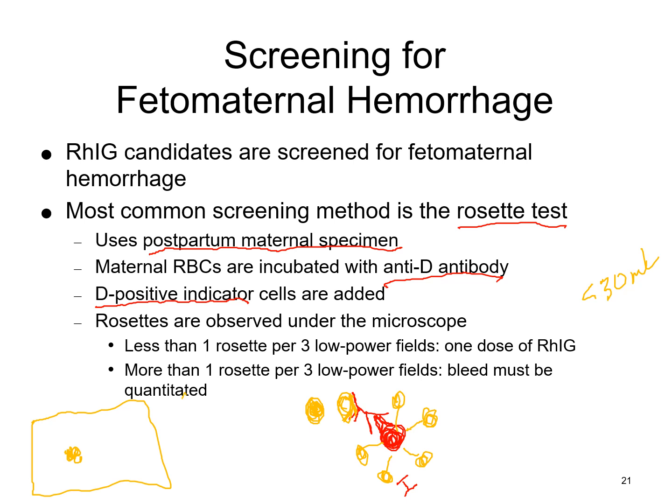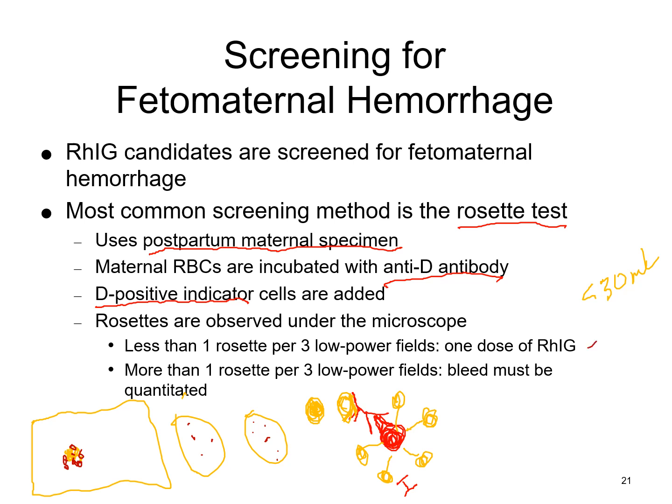So if you've looked in 3 fields, and in those 3 fields, this is just going to indicate red cells. But in one of those 3 fields, you did see clumping of those cells, whereas these, those cells are individual, but that one field you saw one rosette, so that would be this dose.